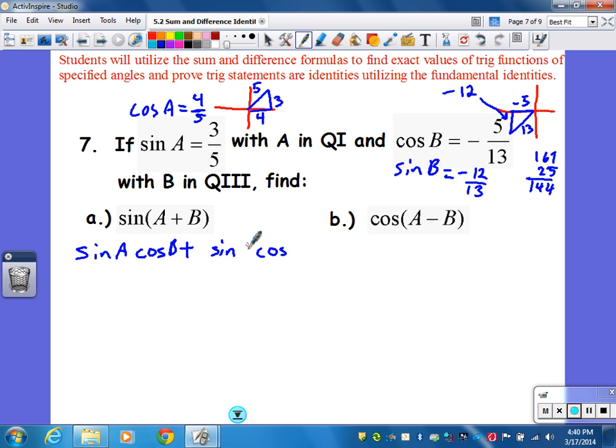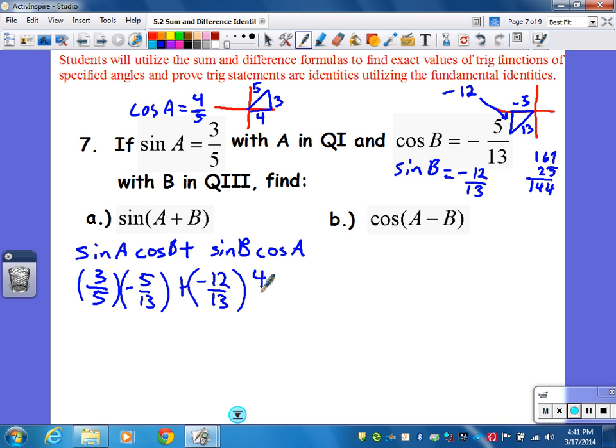So we have already used sine A, so we want sine B. And we've already used cosine B, so we're going to use cosine A. Well, now we just can look at what we have. Sine A is 3/5. Cosine B is negative 5/13. And then we're going to add sine B, which is 12/13 times cosine A, which is 4/5.